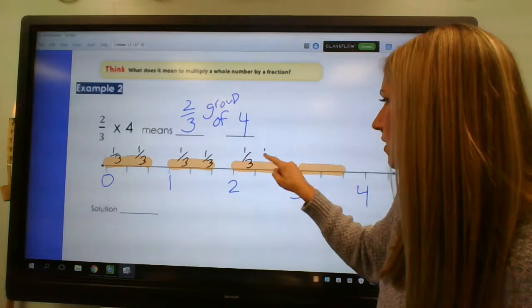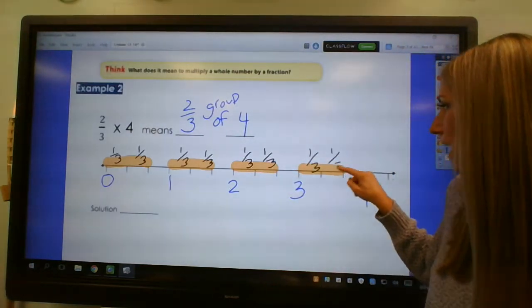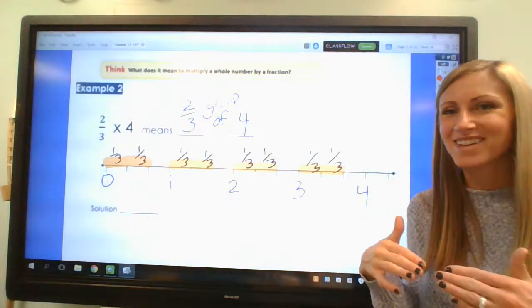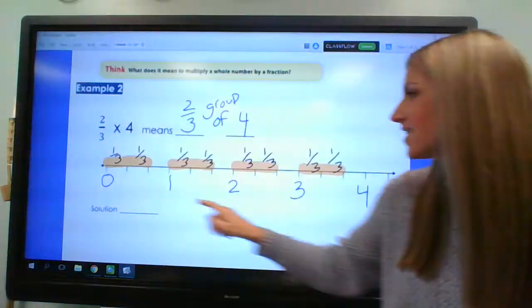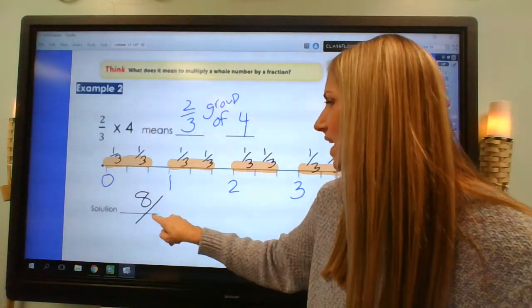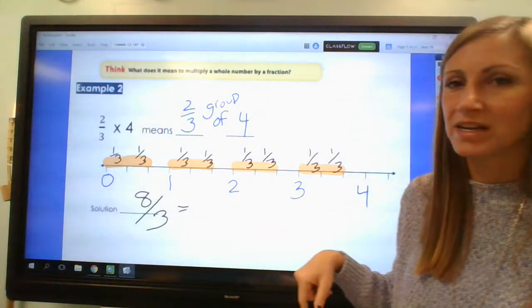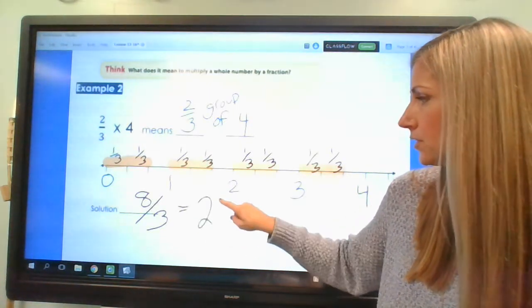I'm just demonstrating here that we have a third for every single spot here, and how many do we have? So we have 8 of them, right? 2, 4, 6, 8. That's still, of course, going to be 8/3 then. And we know with our improper fractions, we need to make them into mixed numbers. So this is going to be 2 and 2/3.